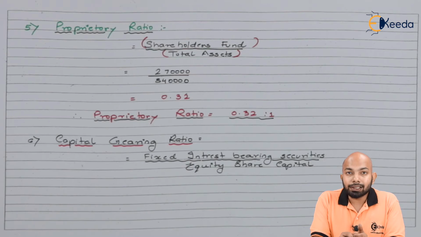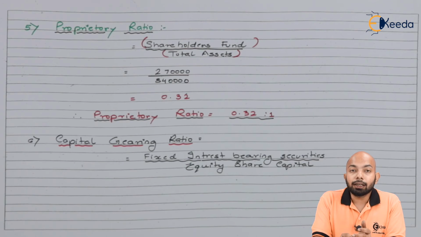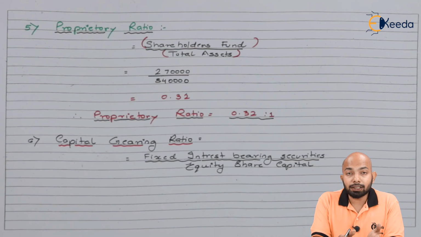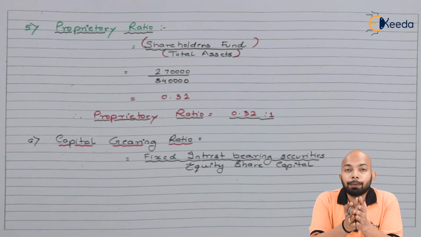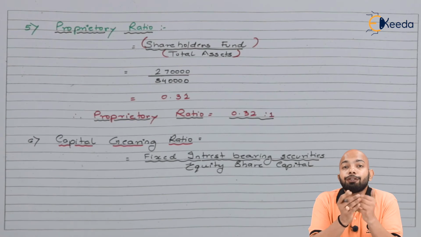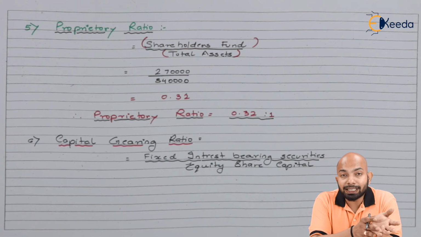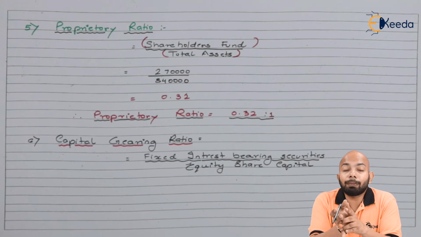The formula here is fixed interest bearing securities divided by the equity share capital. Fixed interest bearing securities are those where you have to pay a fixed rate of interest, which is secured basically, and you divide it by the equity share capital of the company.